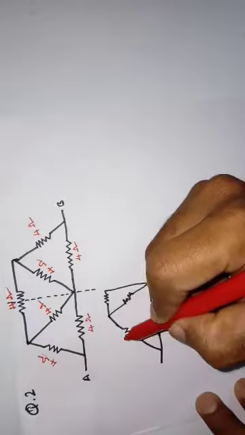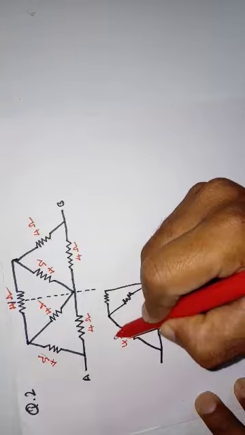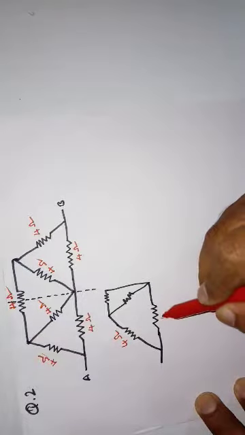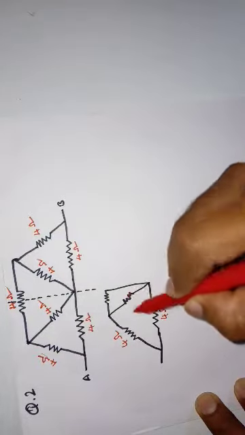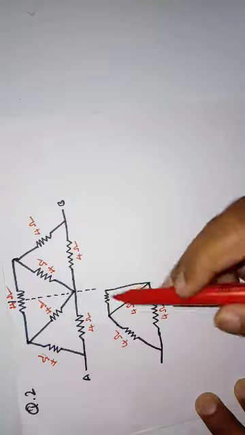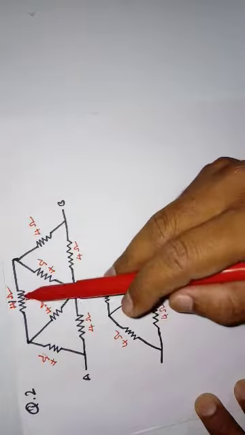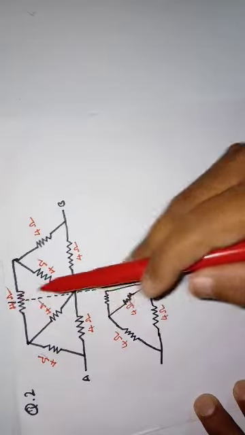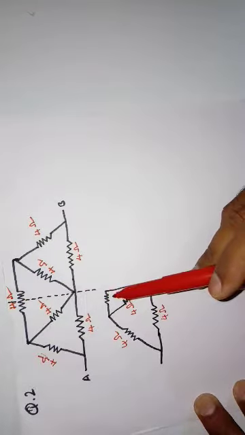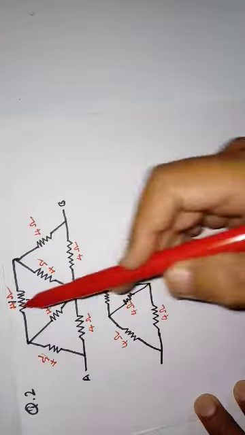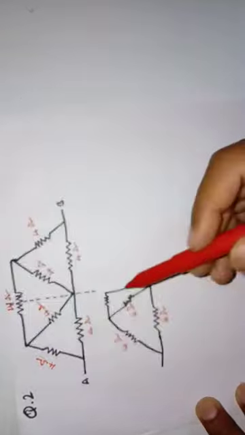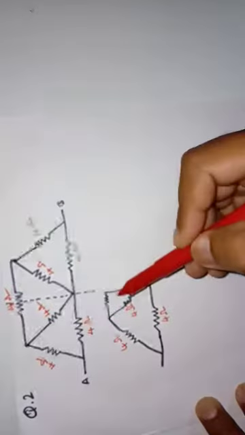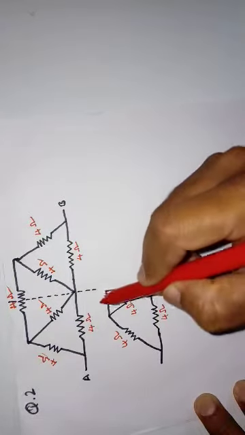Let us suppose this is 4 ohms, and this is again 4 ohms, and this is also 4 ohms. And what about this? Here the value of the complete resistor is 4 ohms, and here we are taking the symmetry. That's why its value will become half of this. That means if it is 4 ohms, this will become 2 ohms.